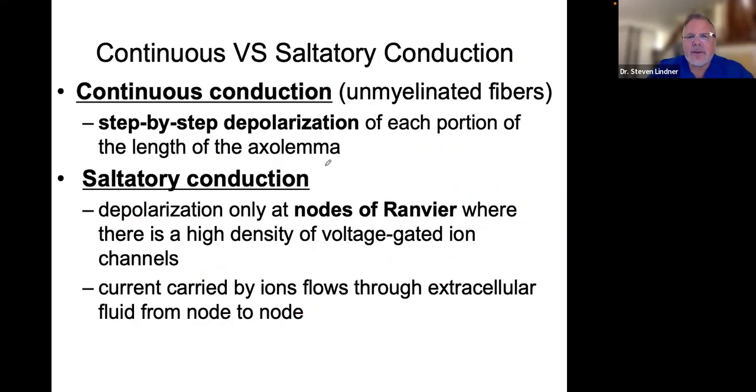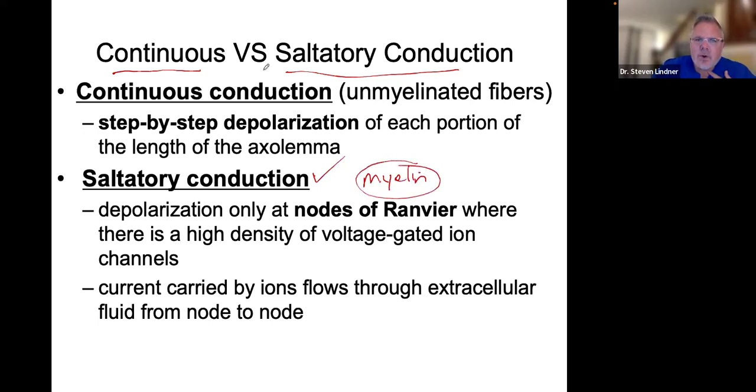Now, in terms of conduction, there's continuous conduction versus saltatory conduction. Saltatory conduction is what takes place in areas where we have myelin. Continuous conduction takes place where there's unmyelinated fibers.